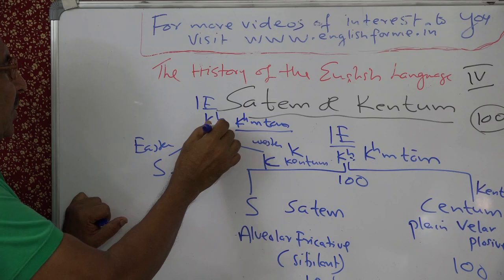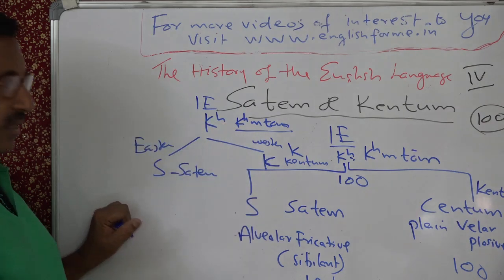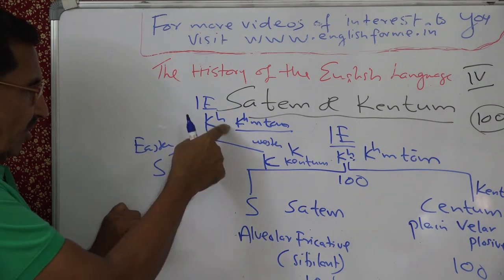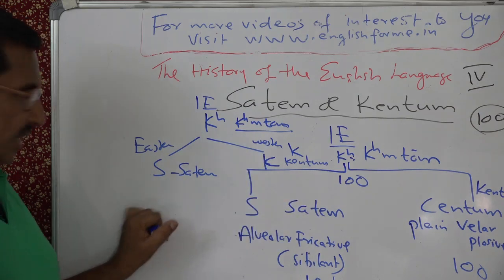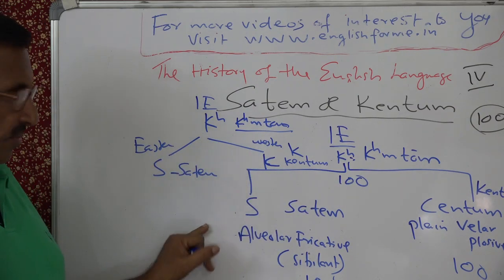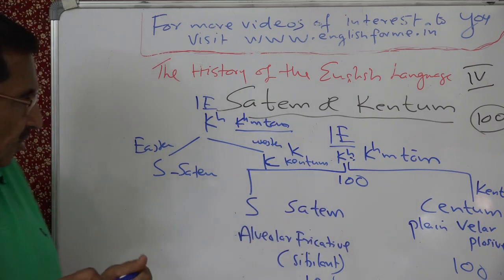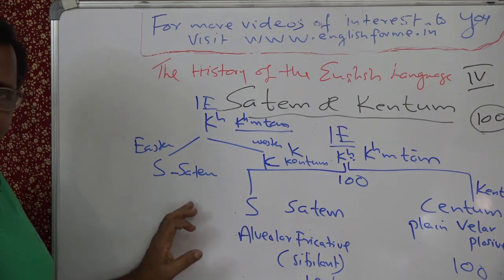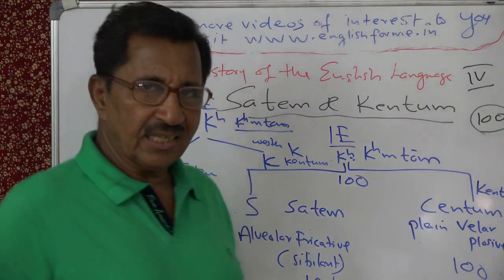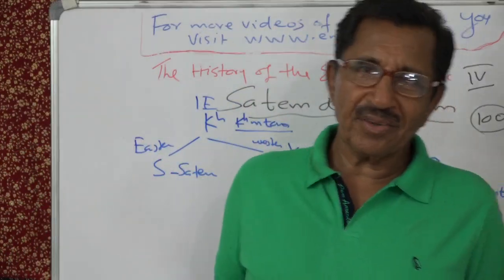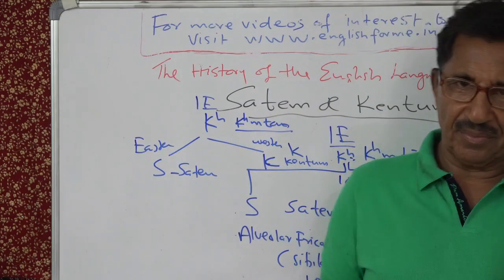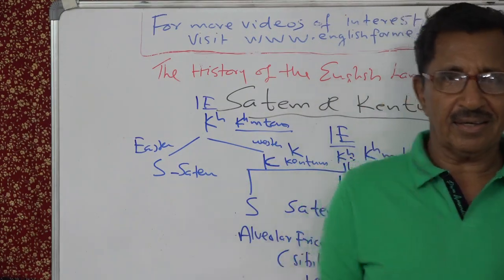The changes happen to this consonant. This consonant changed in Eastern, this consonant changed in Western. And Eastern became S, so it is Satem. And K, it is Kentum. Therefore, Eastern is Satem language and Western is Kentum language. Simple, but you can say it is the difference in pronunciation of the word 100.